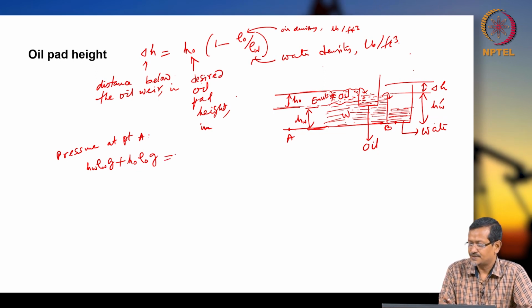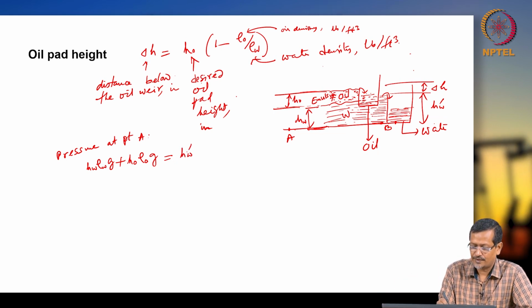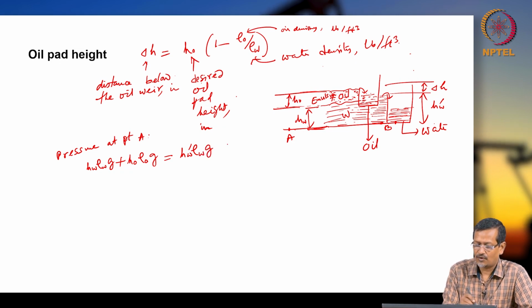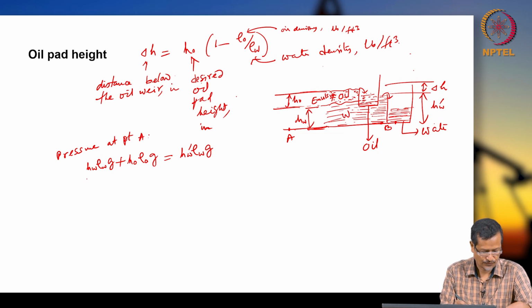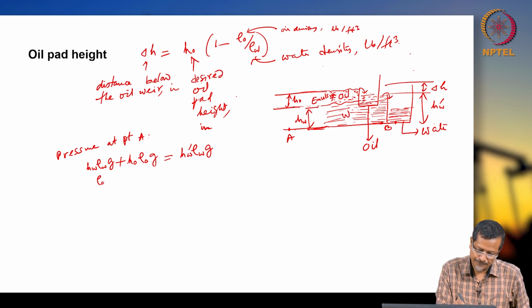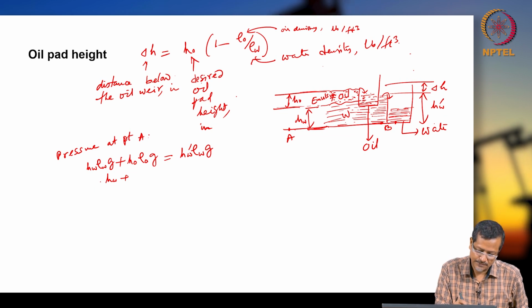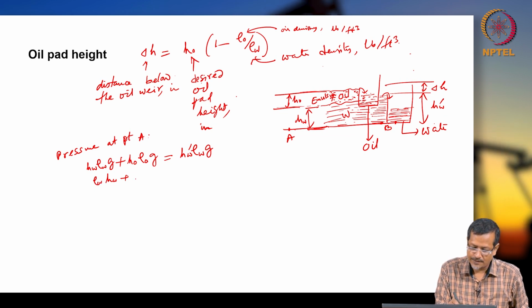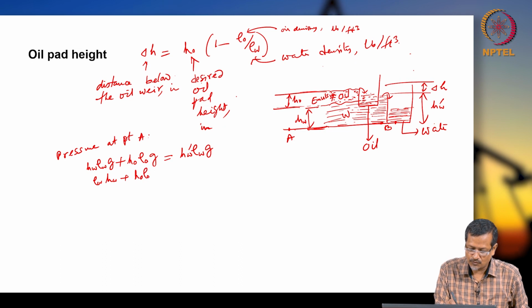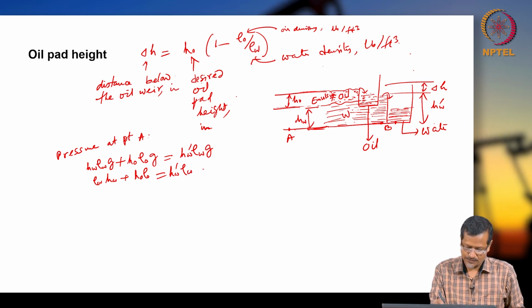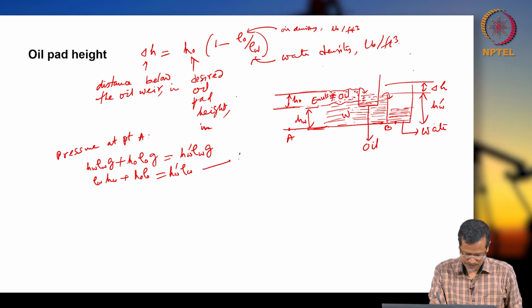Left side should be equal to right side. So right side is HW dash rho W g. So all g will be cancelled out. So finally you get rho W HW plus rho O HO equals HW dash rho W. Okay, so you get this equation 1.